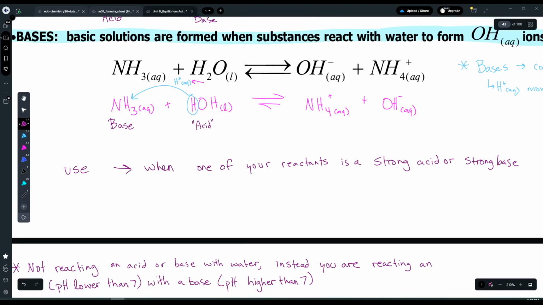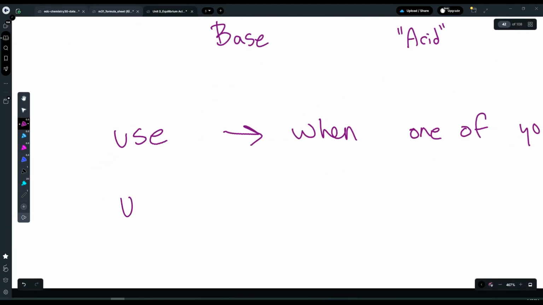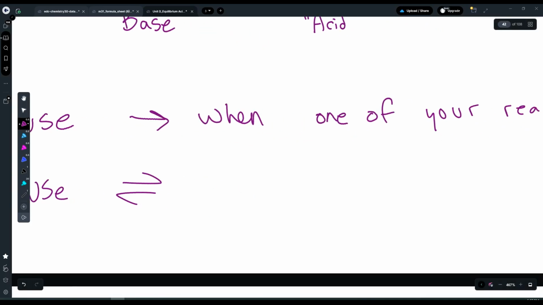So we're going to use the forward reaction arrow when one of our reactants is either a strong acid or a strong base. We're going to use the equilibrium arrows when one of our reactants is either a weak acid or a weak base.